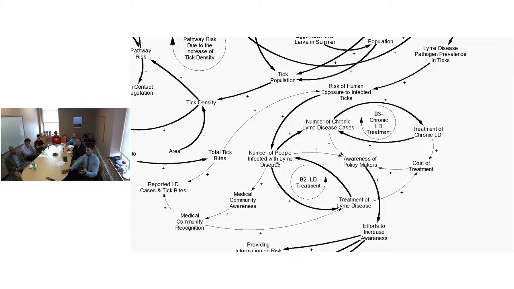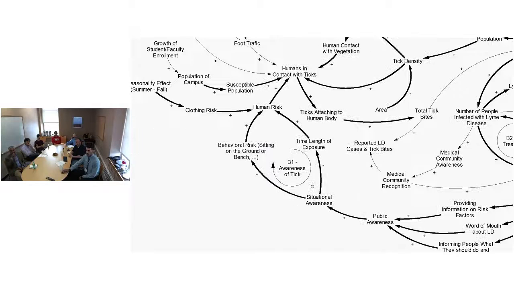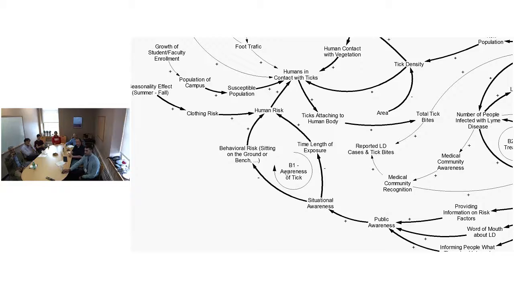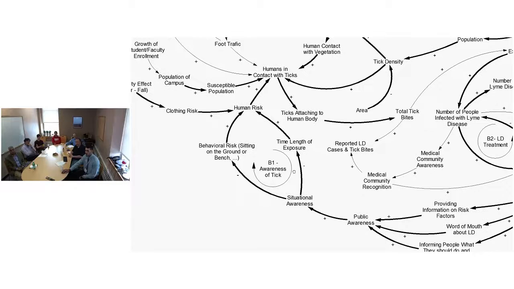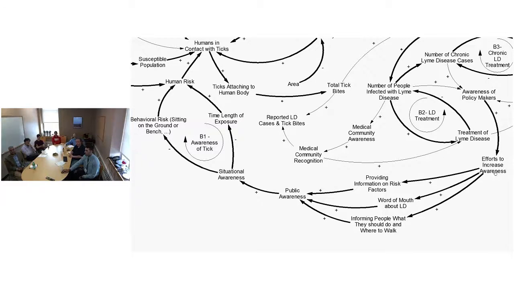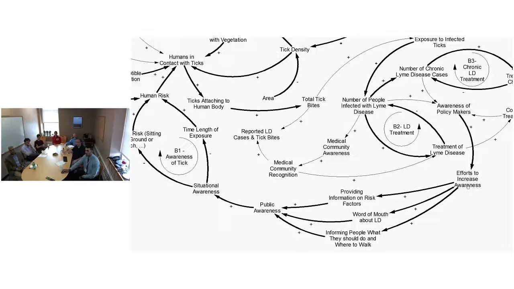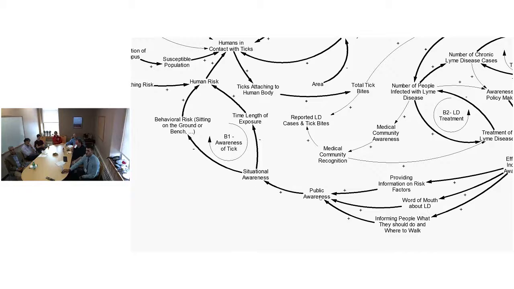Then we have loops for LD treatment. So the number of LD cases increases, and the treatment increases if the awareness of the medical community increases. And the other one, which is very important in our simulation model, is the awareness of ticks. So when the efforts to increase awareness increase, public awareness increases, and after that, situational awareness increases.